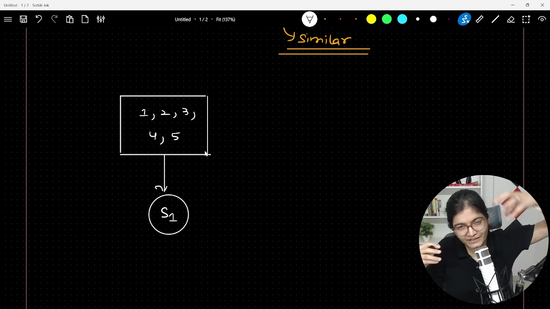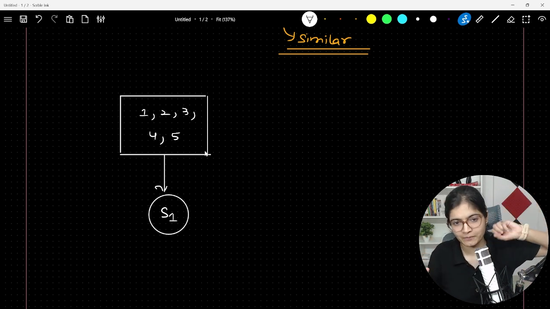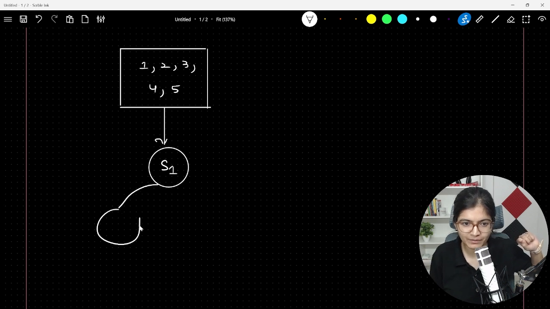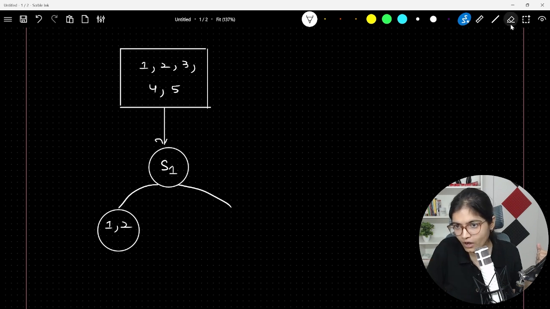Now, let's consider a situation where S1 gives me the correct result for problems 1 and 2, but provides a wrong output for problems 3, 4, and 5.